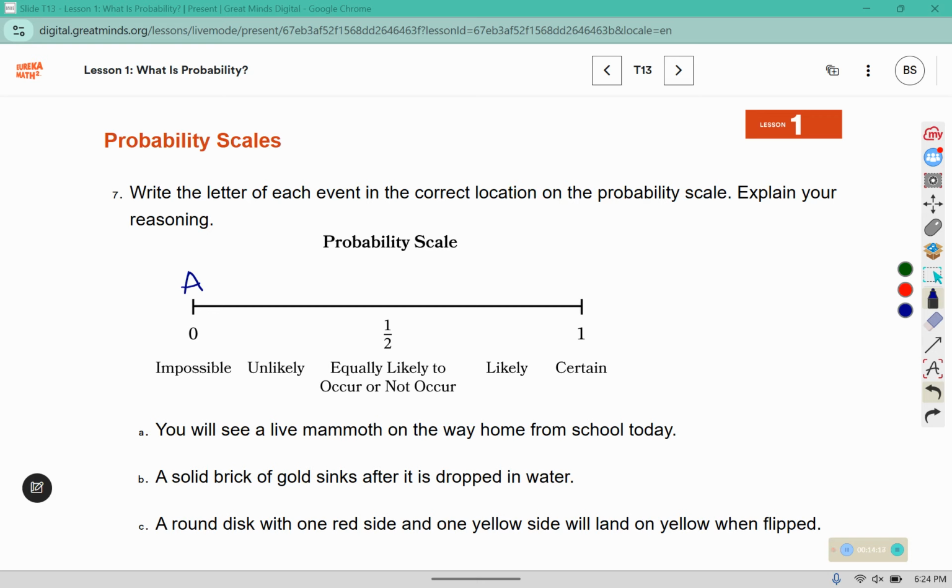A solid brick of gold sinks after it is dropped in water. Yes, solid gold will sink. That is certain. A round disc with one red side and one yellow side will land on yellow when flipped. Well, half of it is yellow and half of it is red, so that is right in the middle.